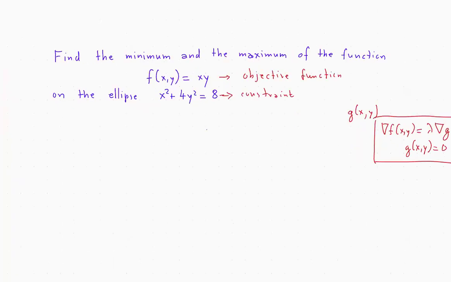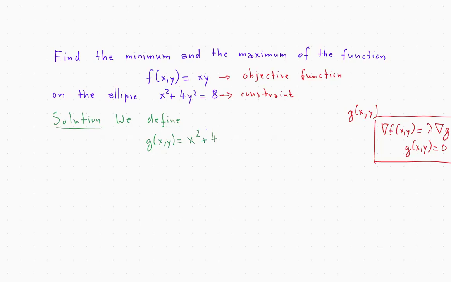So what we would like to do is begin by defining. So we define g of xy to be x squared plus 4y squared minus 8.